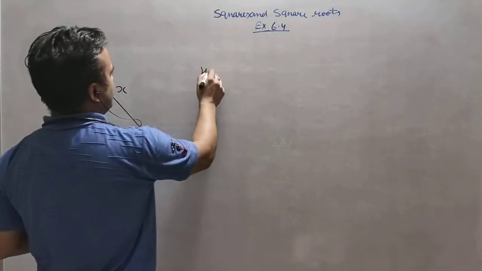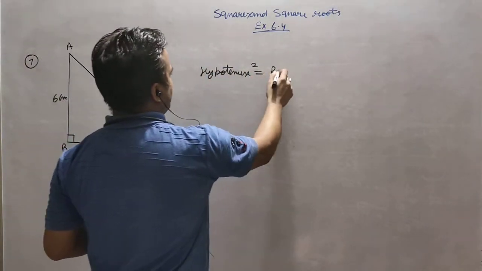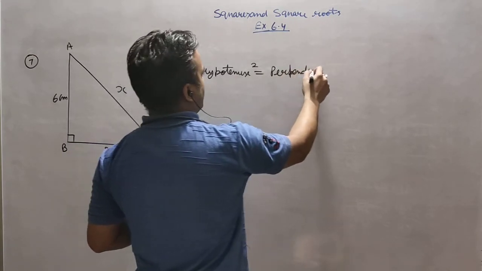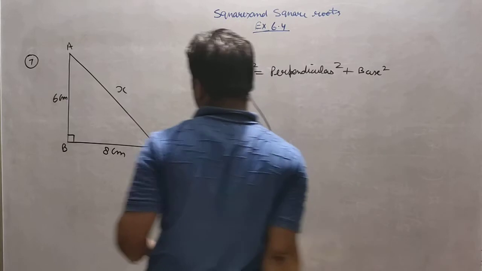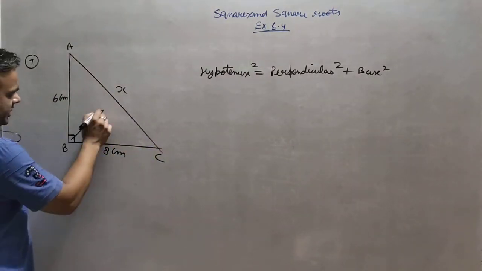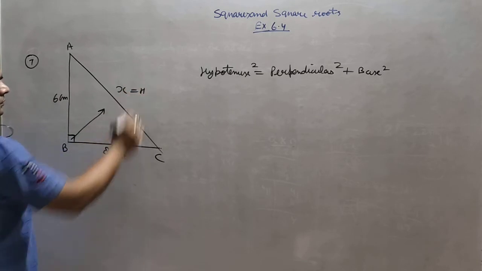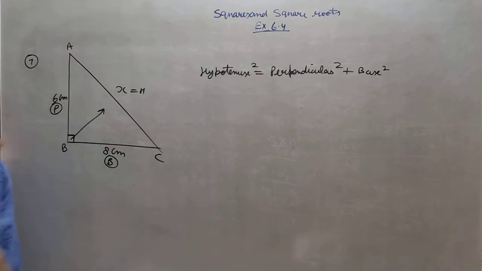So what is the Pythagoras theorem? Hypotenuse square is equal to perpendicular square plus base square. And what is the hypotenuse here? The side opposite the 90 degree angle is called the hypotenuse, and this can be the perpendicular and this can be the base.